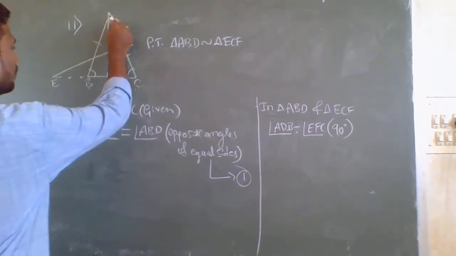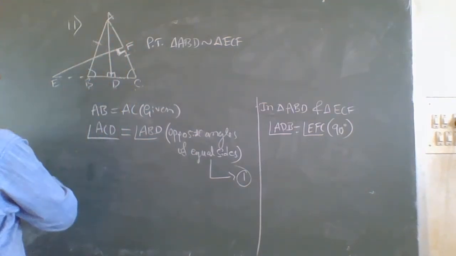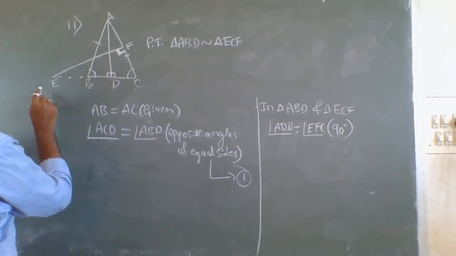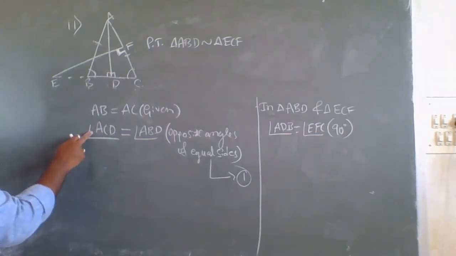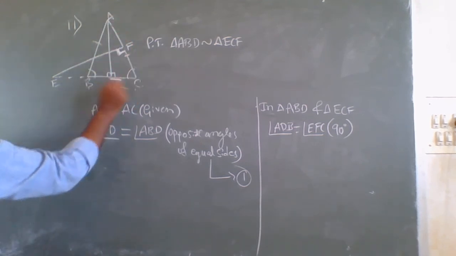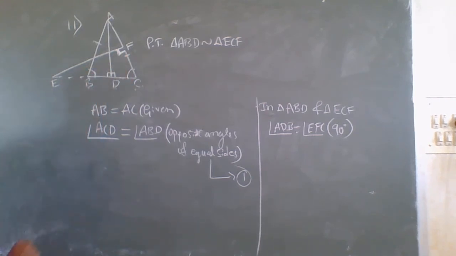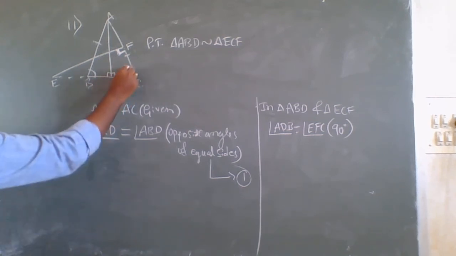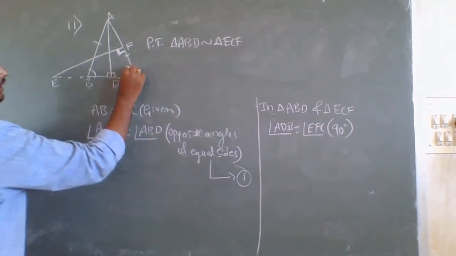Angle ACD, or you may consider it as angle ECF, is the same angle, both are angle C only.